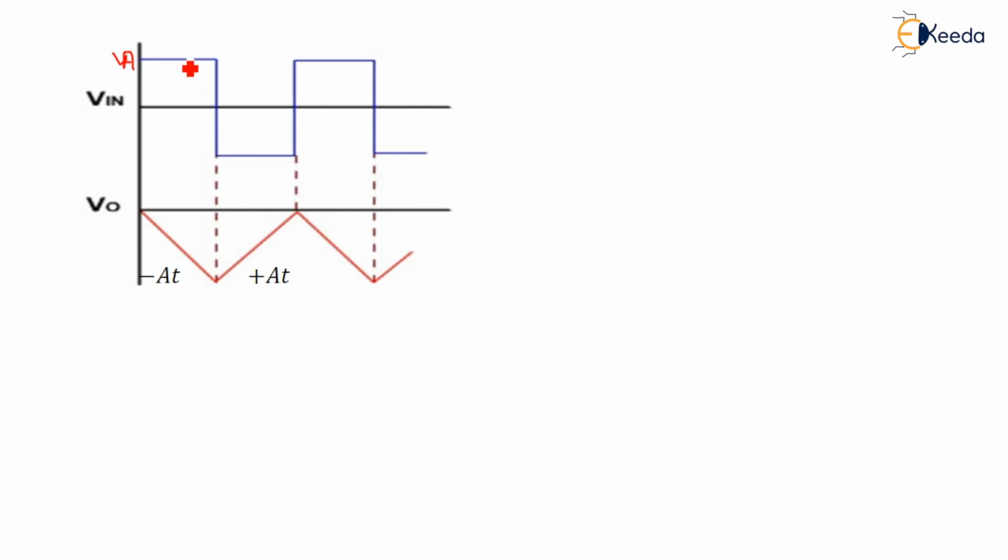With the plus amplitude or plus voltage, the output goes negative. This negative sign indicates there is a 180-degree phase shift between input and output.